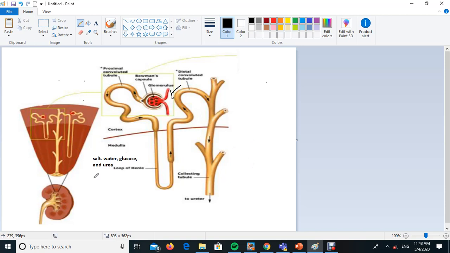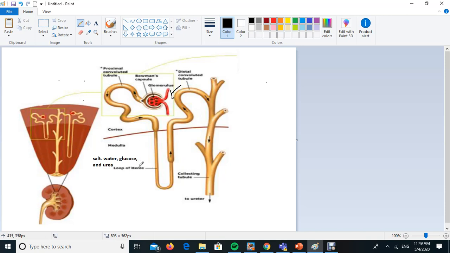That's why most of the water should be reabsorbed back to the blood, and some salts and 100% of glucose should get back to the blood. As you noticed here, proteins don't go out. Proteins are large molecules. They do not go out from blood to the nephrons. Anyone who gets protein in his or her test, that means that there is something wrong with the kidney function.